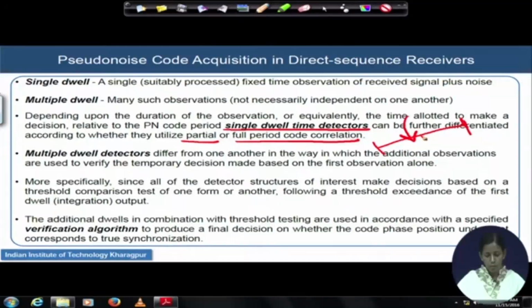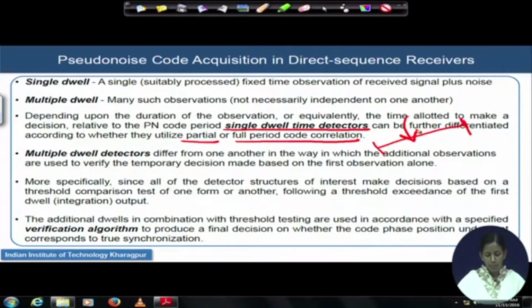So the multiple dwell detectors can have several kinds of logic on how you use the estimation of the other dwell times, other than the single or first one.